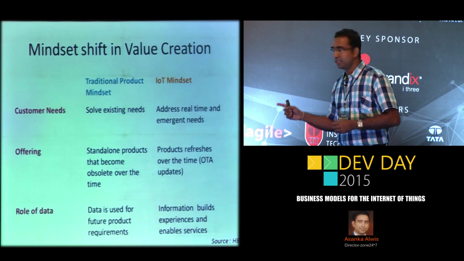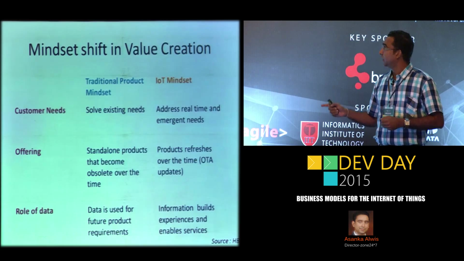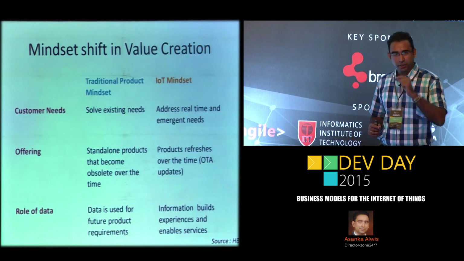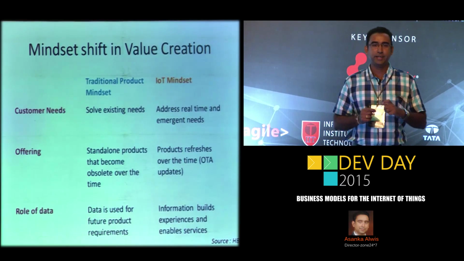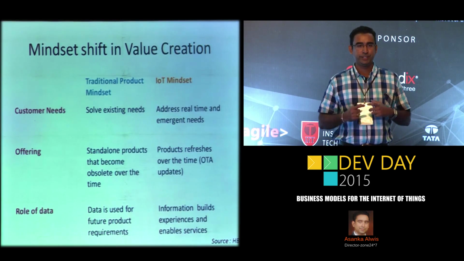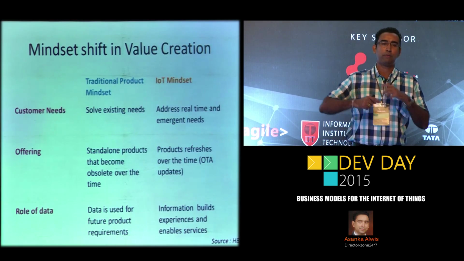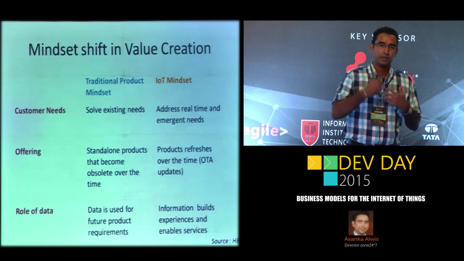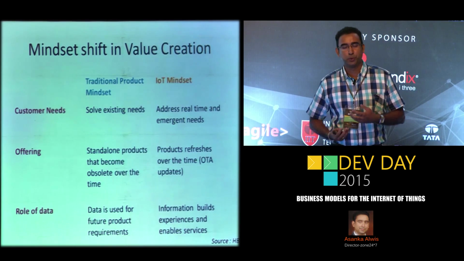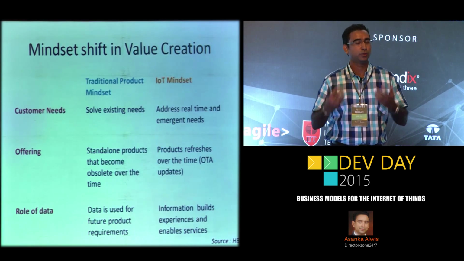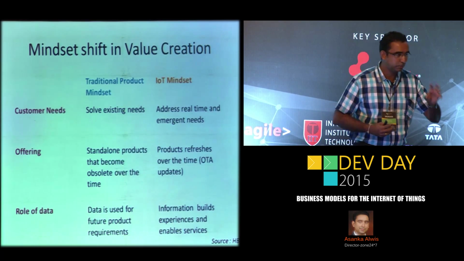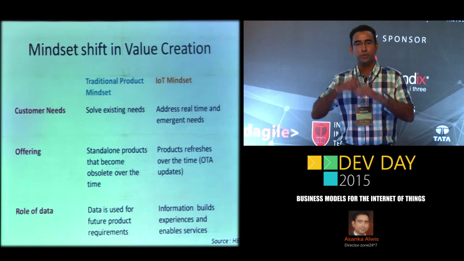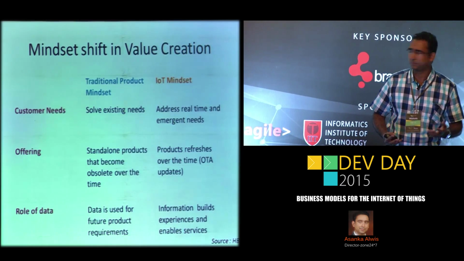And the role of data. Now, this is really important. It's not that traditional products didn't capture data, but it was mainly used to identify what kind of features I should include, or how I can update my product to the next level. For example, if you are capturing wear and tear of a component and the mean time between failures and those kinds of parameters, then you think, okay, this component is giving me some trouble, so in my next product line, I should upgrade it to a more reliable one.